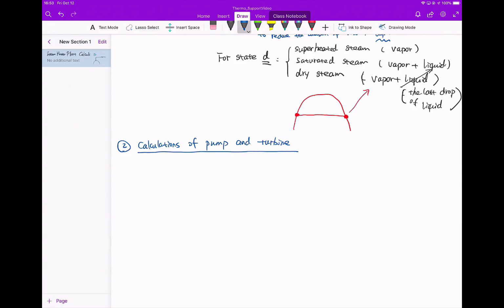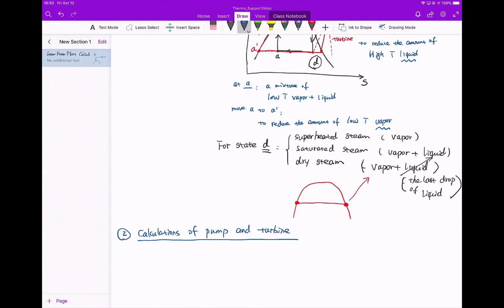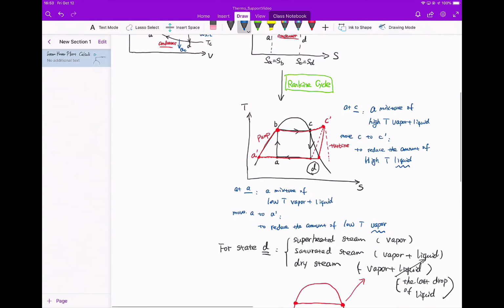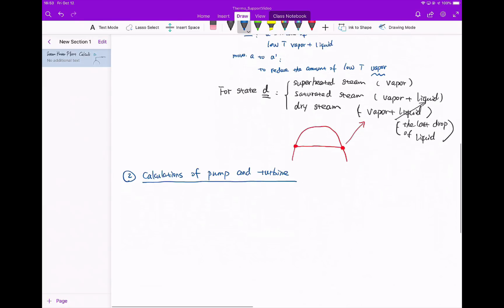You probably would ask, hey, what about the calculation of boiler and condenser?